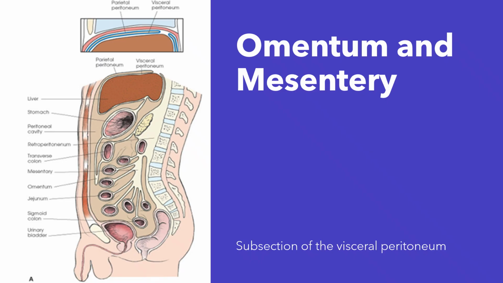But I want you to draw your attention to the visceral peritoneum, which has got two sections. It's got an upper part and a lower part. The upper part shrouds the liver, the stomach, and the transverse colon, and that's called the omentum. The lower part is called the mesentery.